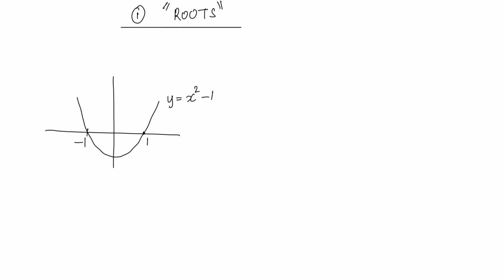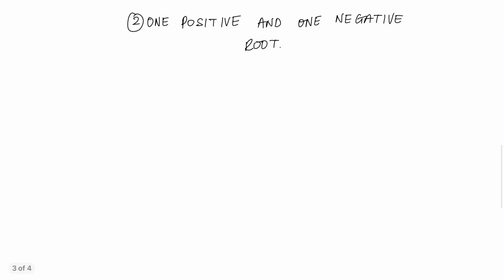So now that we understand what roots mean, let's take a look at what the question was asking for. The question was asking for a positive root and a negative root. Now, what does that imply? A positive root and a negative root simply means that the function we are dealing with should cut the x-axis on the right-hand side, a positive value, and the x-axis on the negative side, a negative value.